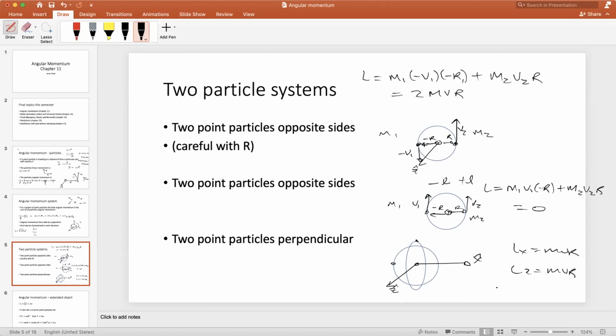And what you would end up with is L is MVR squared in the X plus MVR squared in the Z. And so you would end up with 2 times MVR squared, which means L would be root 2 times MVR, if M, V and R were all the same. Why is that important?